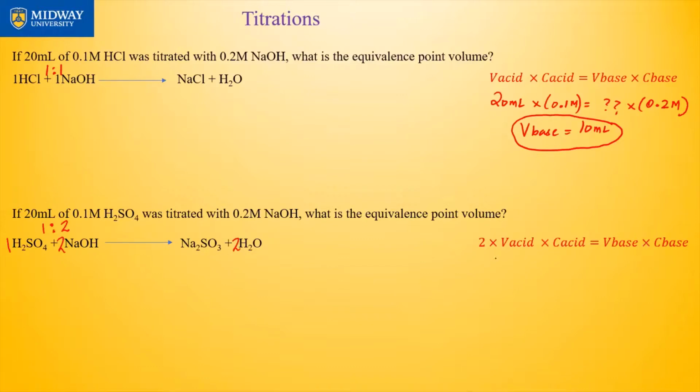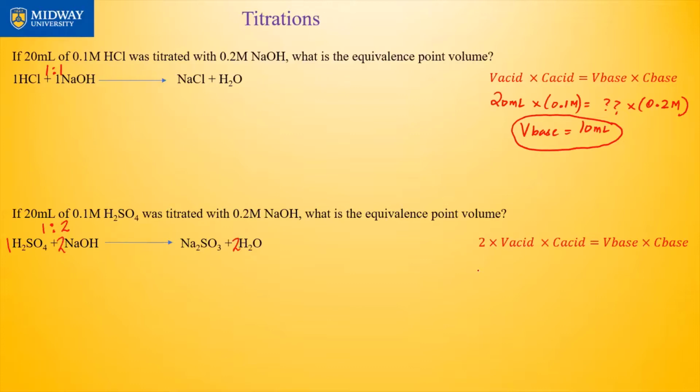Don't try too hard to do this, it's very simple. Don't make it hard on yourself. Whichever side is 2, if the base is 2, multiply the acid side by 2. If the acid is 2, or 3 or 4, whatever it may be, multiply the base side by that. So in this case, the base is 2, so I multiplied the 2 on the acid side.